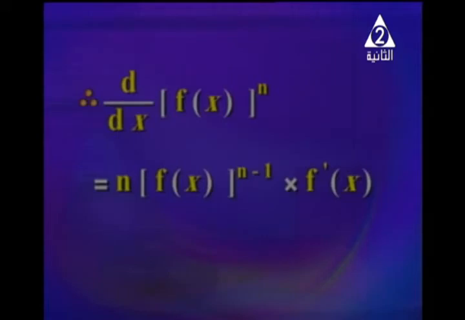This rule is very important. When you find the differentiation of a function to the power n, it is n multiplied by this function to the power n minus 1, multiplied by the differentiation inside the bracket, f'(x).